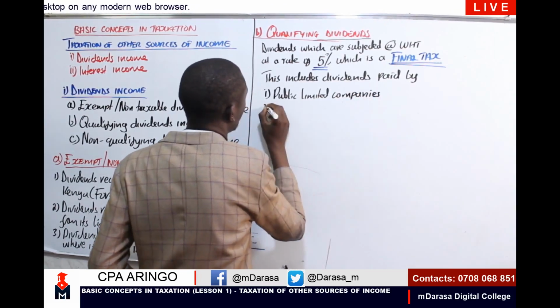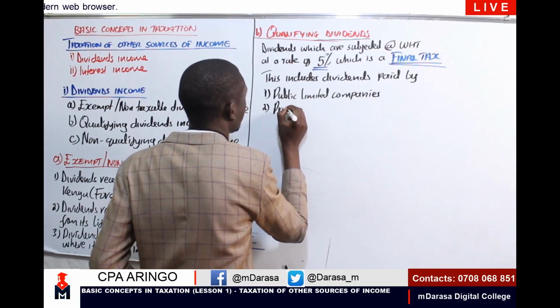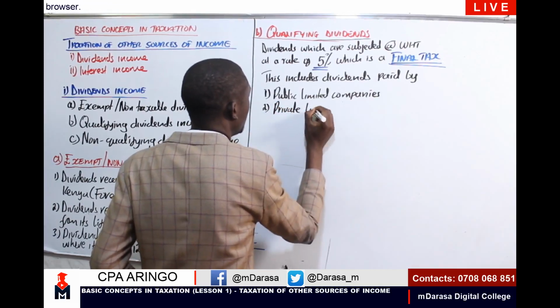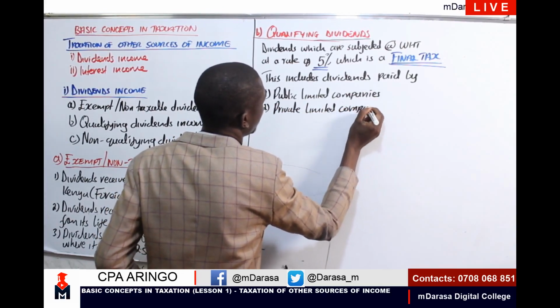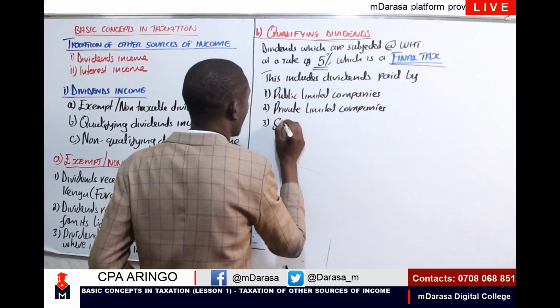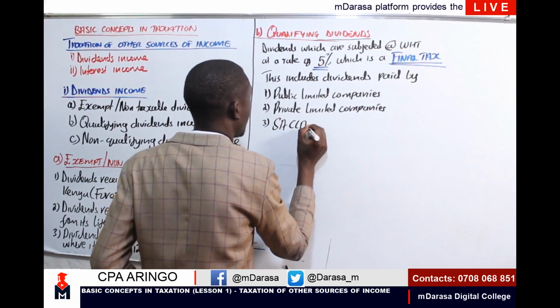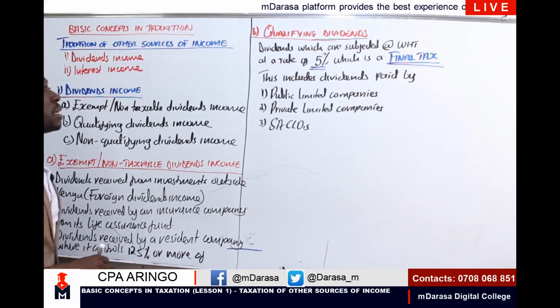Number two, private limited companies. Number three, SACCOs. Dividends paid by SACCOs.